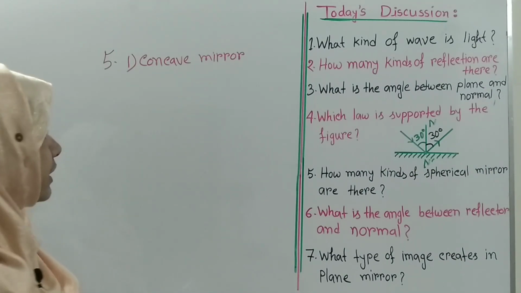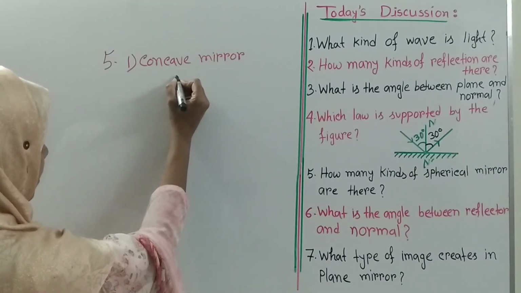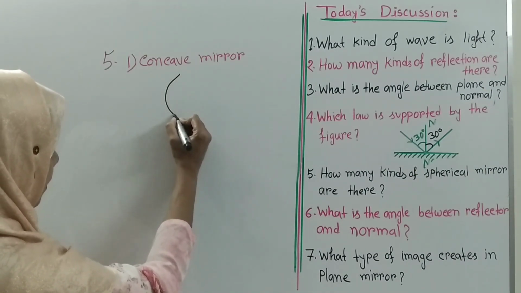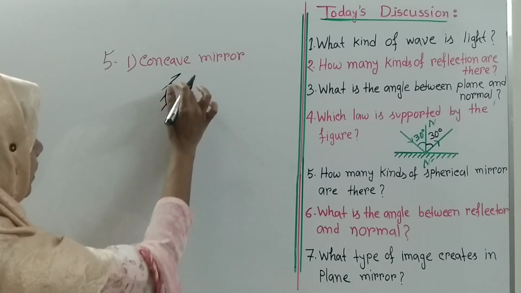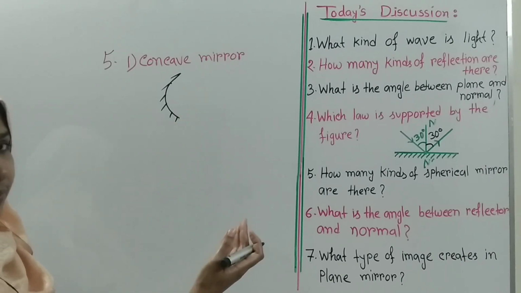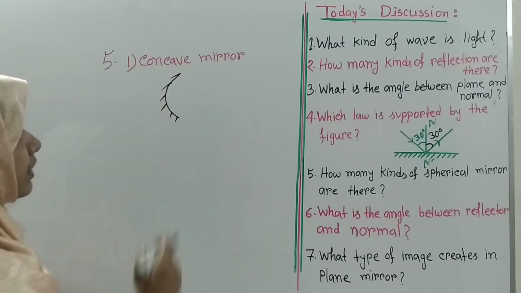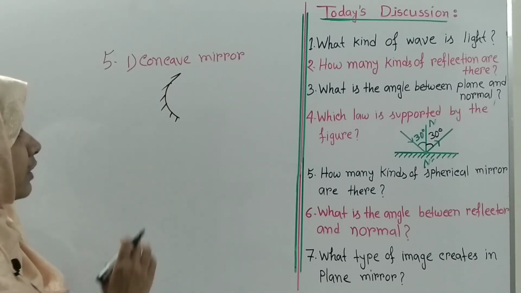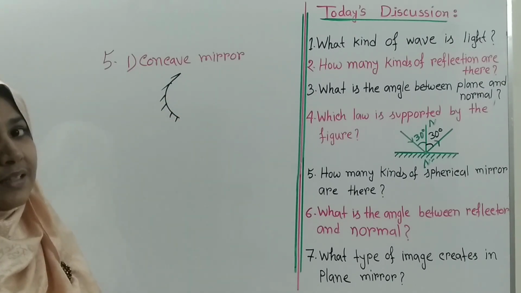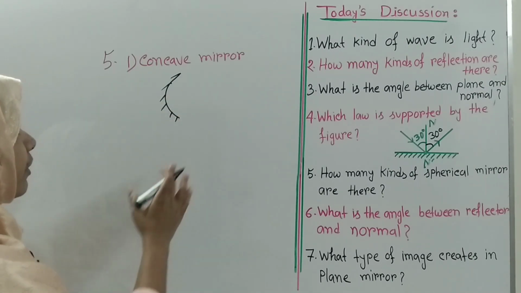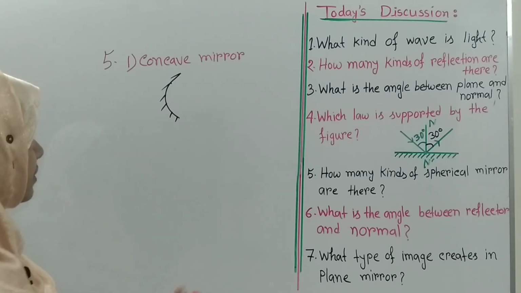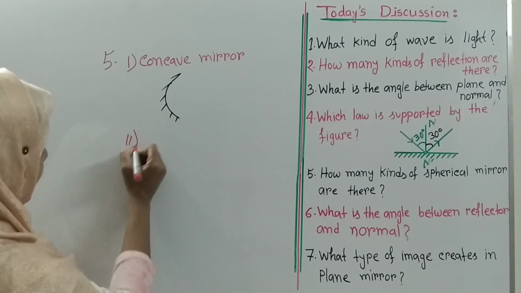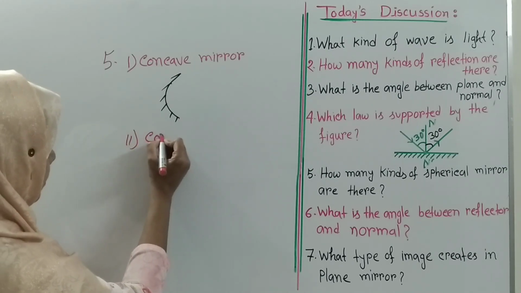If the concave part of a sphere, from the figure you can see that it's a concave part of a sphere, acts like a mirror, then that type of mirror is known as concave mirror. On the other hand, another type of spherical mirror is convex mirror.